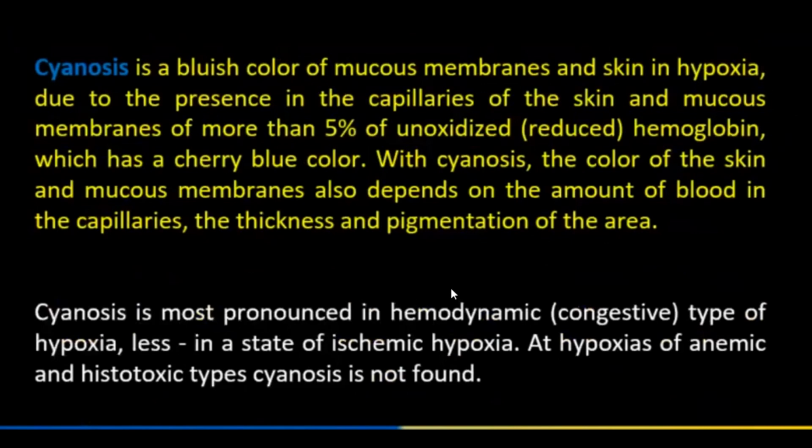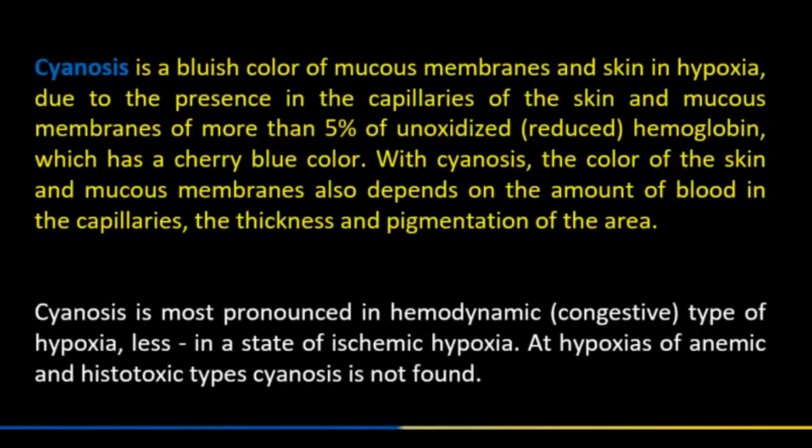Cyanosis, for example, is a bluish color of mucous membranes and skin in hypoxia due to the presence in the capillaries of the skin and mucous membranes of more than 5% of deoxidized or reduced hemoglobin.